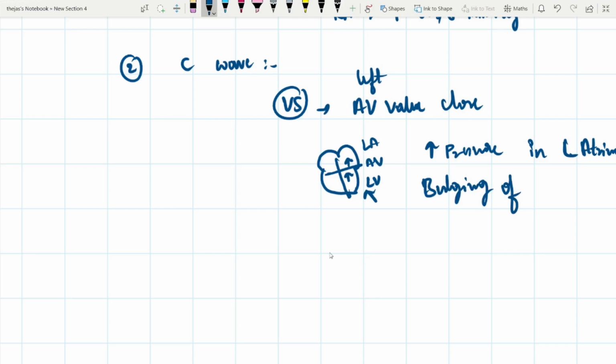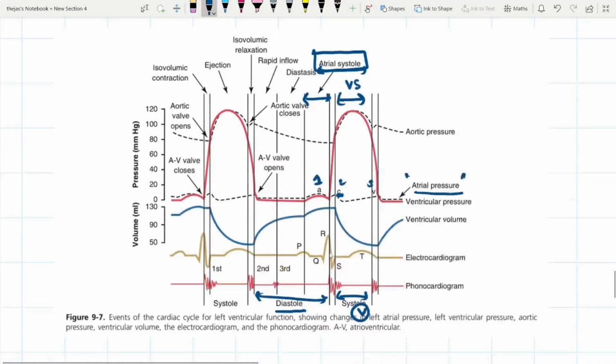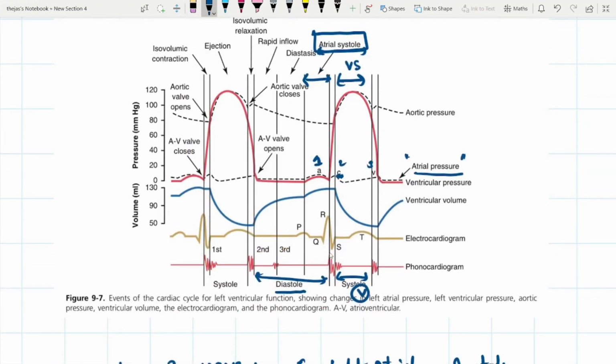Because of bulging of the left AV valve. Why is there bulging of the left AV valve? Because of contraction of the left ventricle, or left ventricular systole. Because of this, the left AV valve bulges into the chamber of the left atrium, so there is increased pressure. So this leads to the production of the C wave. See this diagram, this is the C wave, and this C wave is in left ventricular systole.